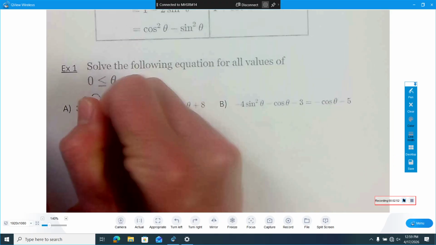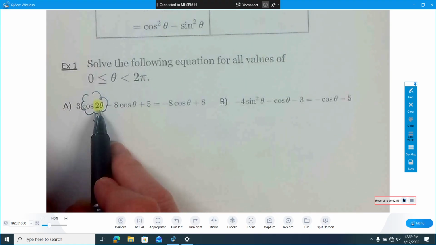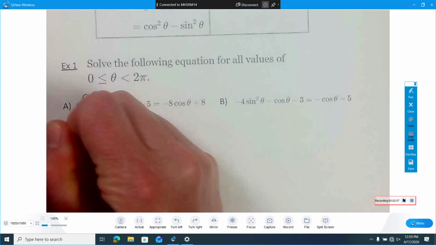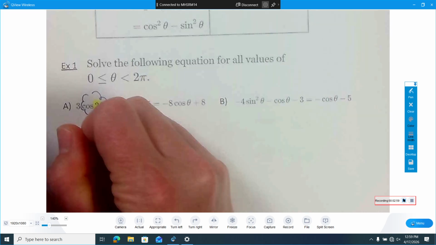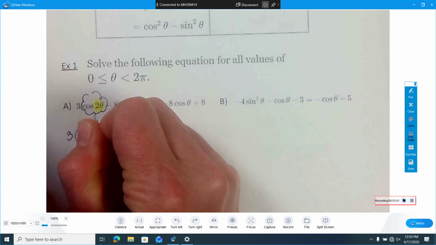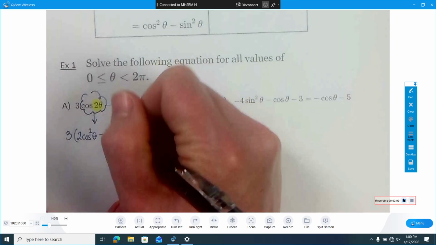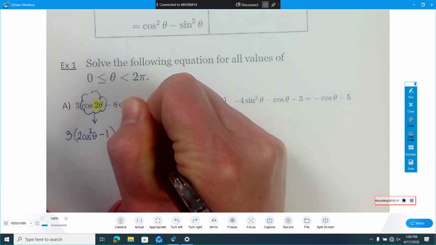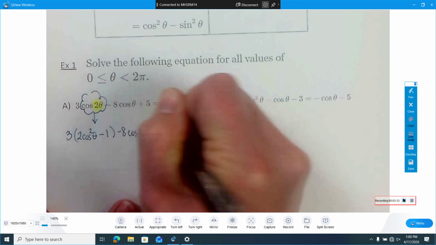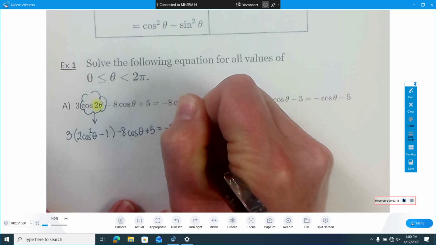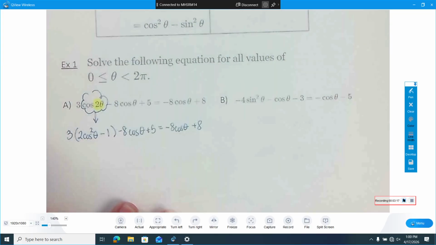So in place of my cosine 2 theta, I'm going to substitute in my 2 cosine squared theta minus 1. So you'll notice that 3 is still multiplied out in front. And I'm just going to rewrite everything. Minus 8 cosine theta plus 5 is equal to negative 8 cosine theta plus 8.